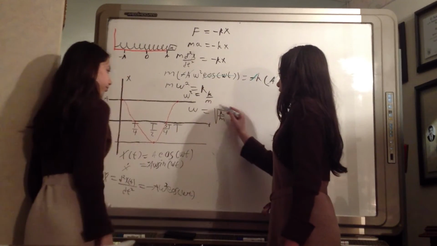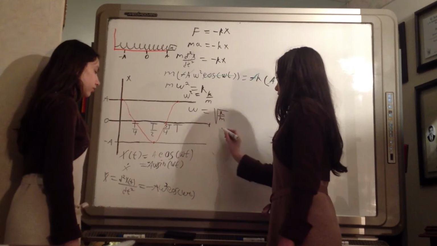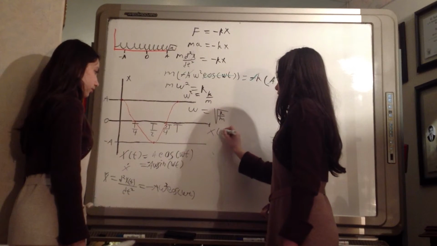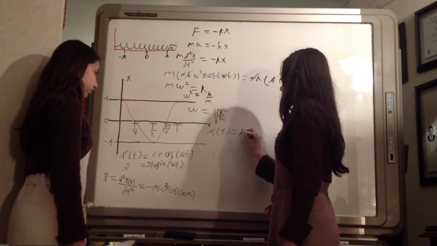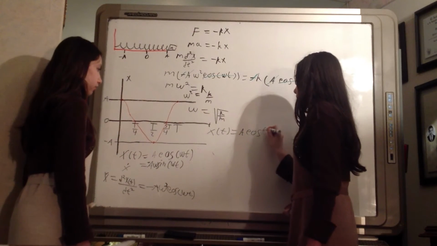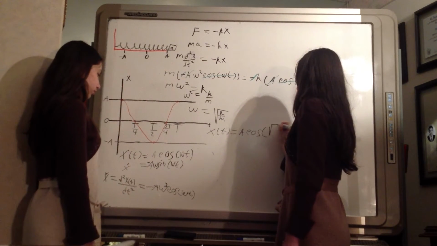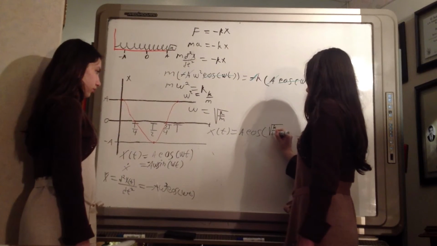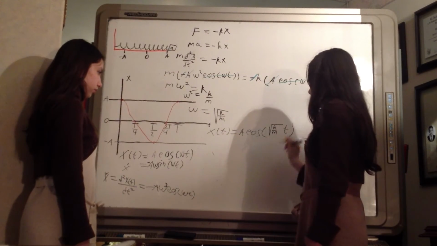And now we plug this here, and so x of t is equal to the amplitude times the cosine of omega, which is the root of the constant of the spring over the mass, times t.